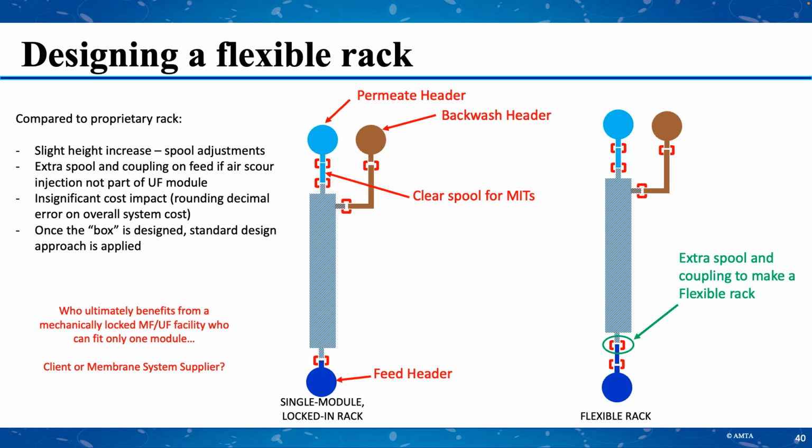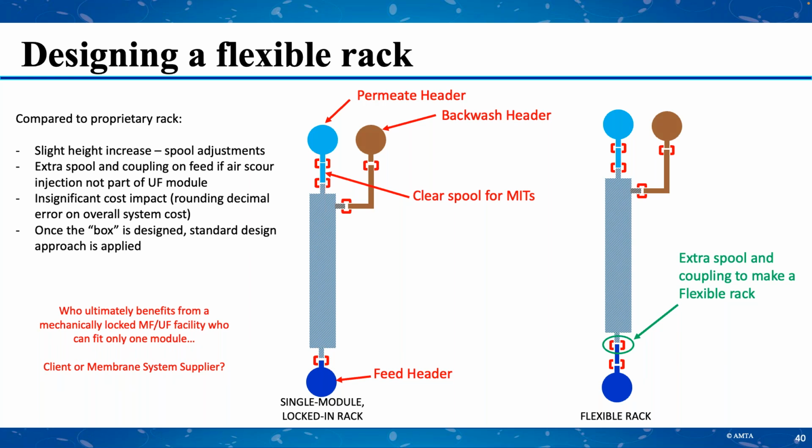So that's a spool that you already need no matter what. You also have to connect your backwash spool to the backwash header. So there's another spool that no matter what you have to include. If you want to lock in the rack mechanically and force it to a single module, then you connect the bottom feed directly into the feed header at the bottom, right?